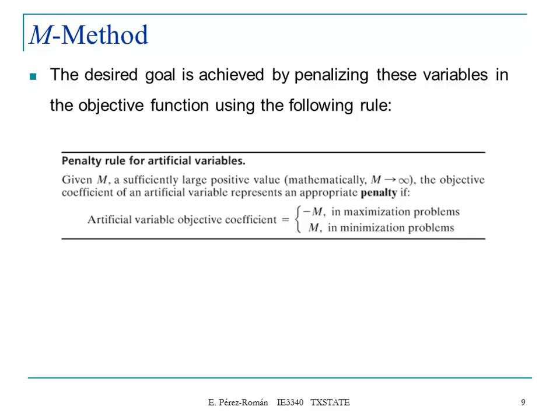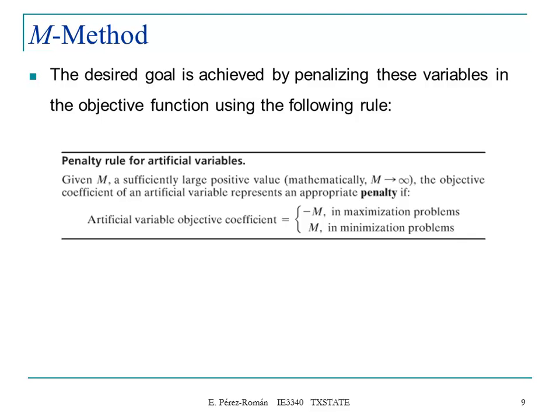Okay, so the desired goal is achieved by penalizing these variables in the objective function using the following rule. We're going to use a penalty rule for the artificial variable. Given m and n, capital M is going to represent a large number, a sufficiently large positive value, so mathematically M can go to infinity.